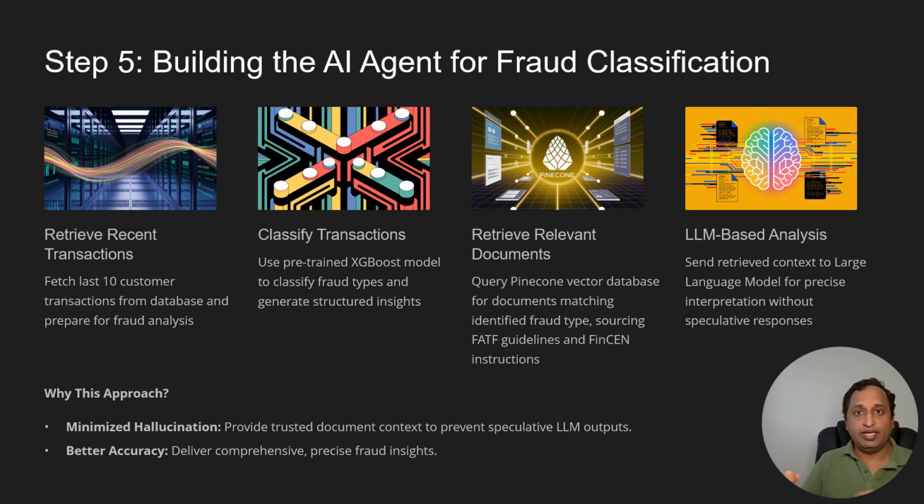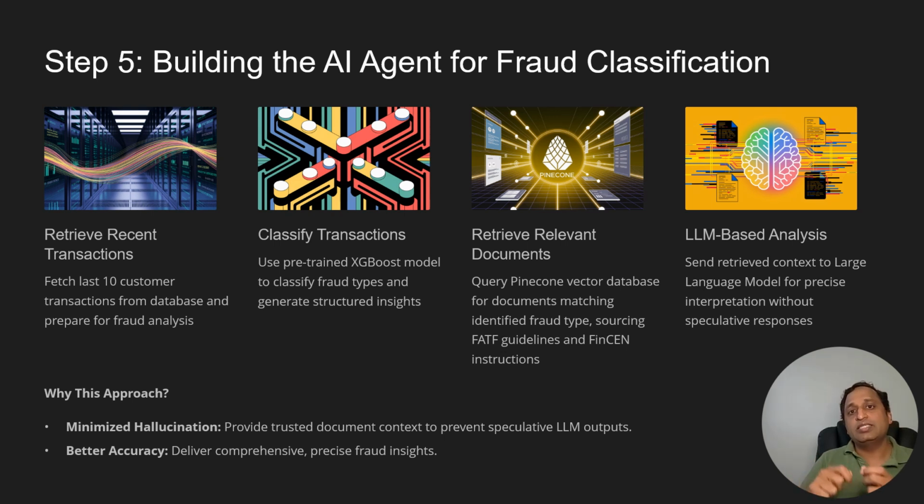So we have one agent which will retrieve all the transactions related to a particular customer from the database. It will pass this information to another agent which will go through each transaction and classify what type of fraud it is, structuring, layering, or offshore transaction, using the ML model we developed.